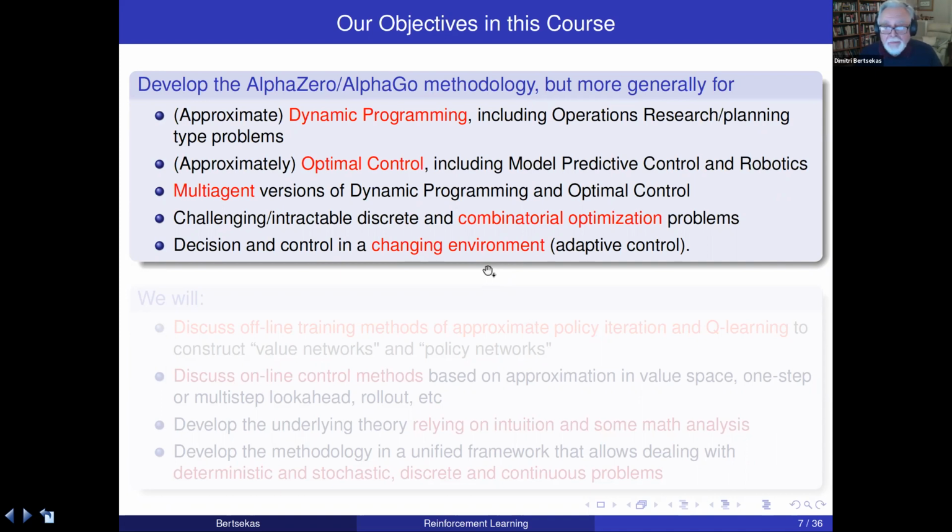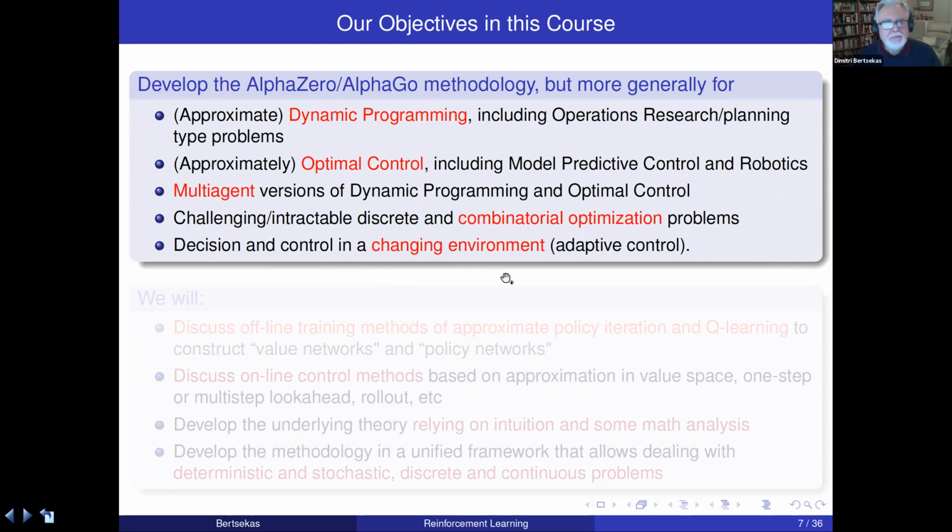Or I'm going to take away your queen, and you're going to play without a queen, and maybe in the future I'll give you another queen, okay? That's the kind of big changes that in practice we have to deal with in control and decision problems. And we're going to talk about how you deal with those, at least to some extent. It's a big methodology, we're going to touch upon it.